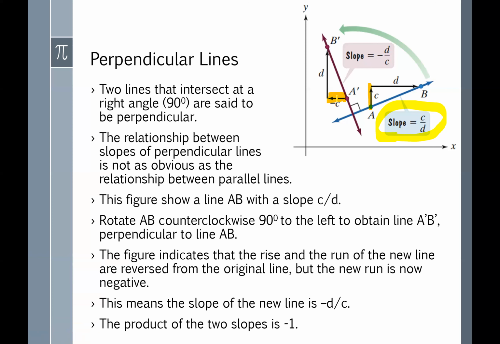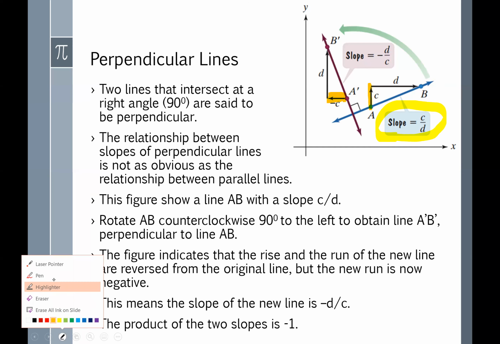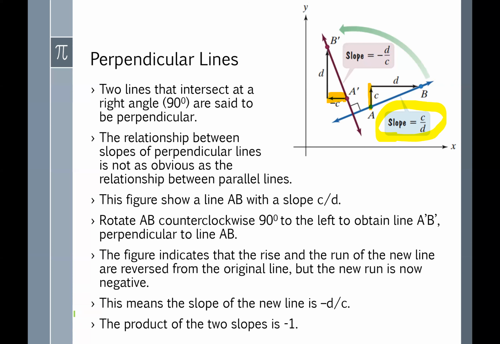So that value is now negative C. And the run, which is D in the original line, gets rotated around and becomes the rise in the line that's perpendicular. So the slope of a line that's perpendicular has a slope of negative D over C.